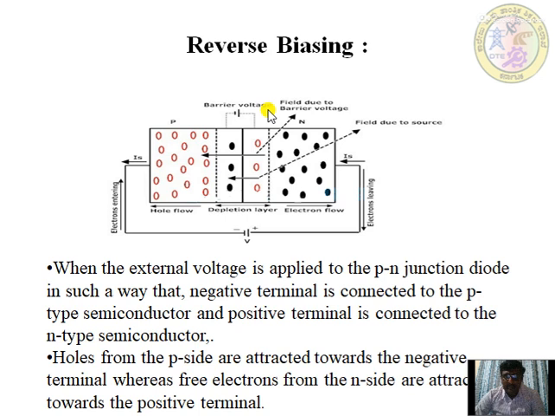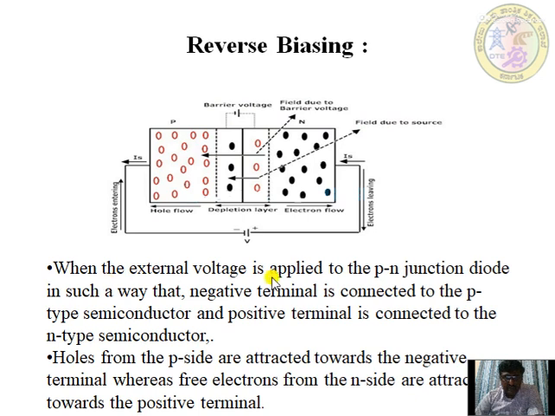Now the positive terminal is connected to the N side and the negative terminal is connected to the P side. Here you see the electron flow as well as the hole flow, and the depletion layer widens at the junction due to the source. This is the barrier voltage.